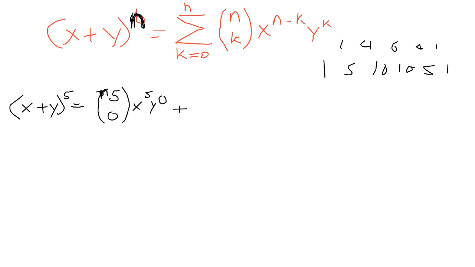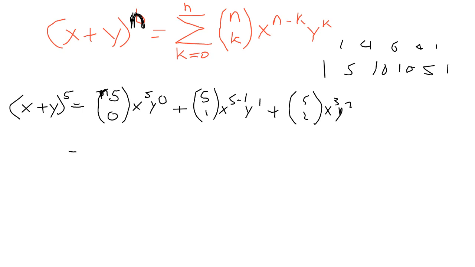Plus, next we have 5C1, x to the 5 minus 1, y to the 1. Plus 5C2, x to the 3, and then y to the 2, and so forth.